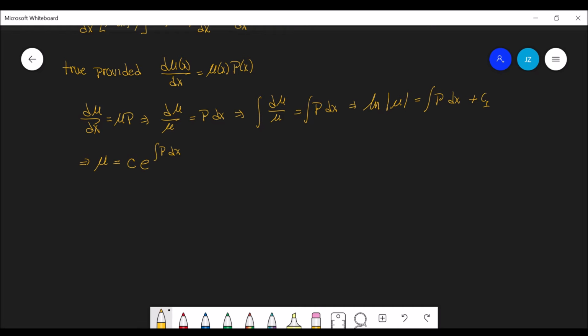Now we can simplify this by setting c to be just 1. Therefore, our μ is simply e to the integral p dx. We call this an integrating factor.